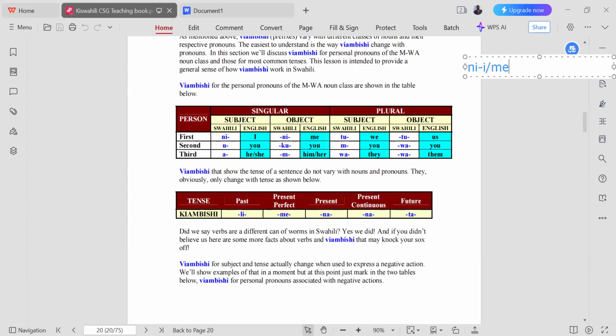When you say, for example, I am eating, basically what you mean is me eating in literal form, which cannot be grammatically correct, but that is what you're trying to refer to by saying I'm eating. Is it not the same thing? I am eating. It's me eating. So ni will either mean I or me. It still refers to the first person pronoun.